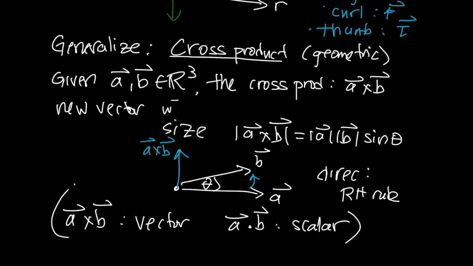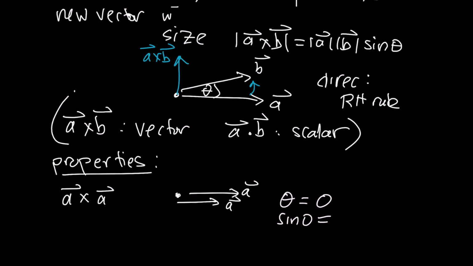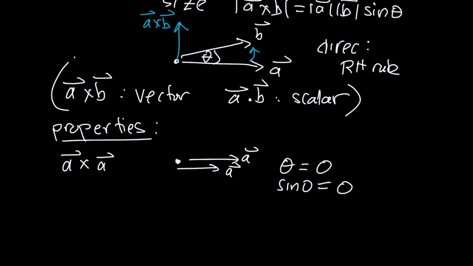From this geometric definition, we can come up with some basic properties. For example, if I ever wanted to take the cross product of a vector with itself, the angle between the two vectors is 0, the sine of 0 is 0, and that means that the size of this cross product vector is 0.